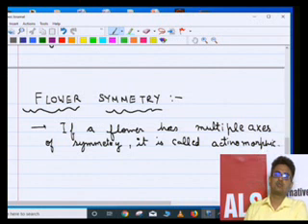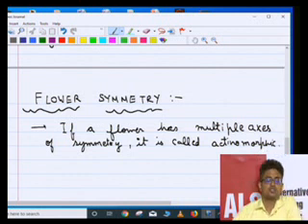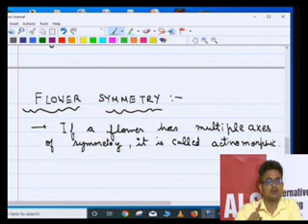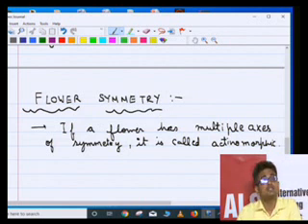And if it has only a single axis, that is, the flower can be divided into two equal halves by only one axis, so there is only one way to do it, then it is called zygomorphic.